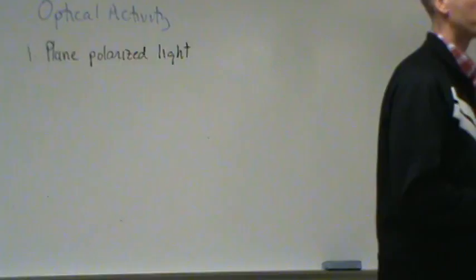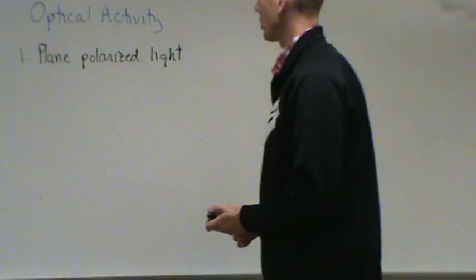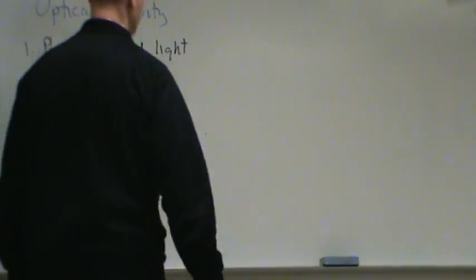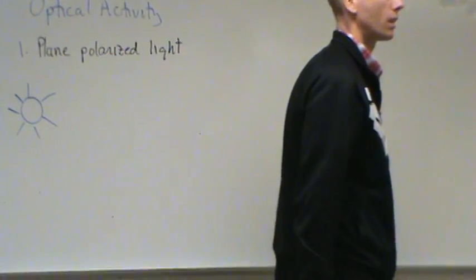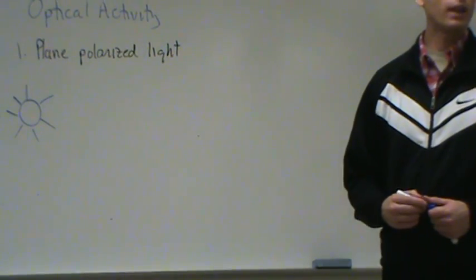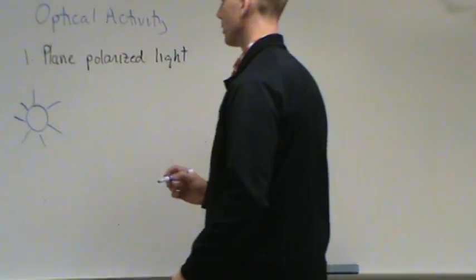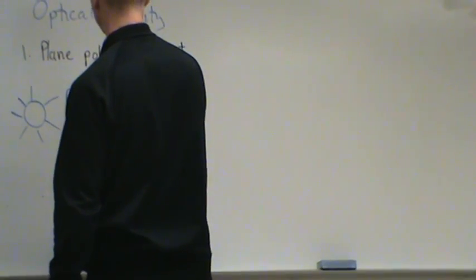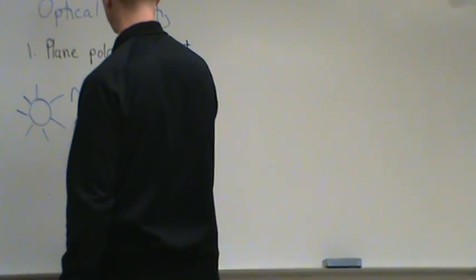So let's start off by looking at something called plain polarized light. Let's pretend we had some kind of light source here, some kind of light bulb or whatever, and that light bulb was giving off a bunch of waves of light.